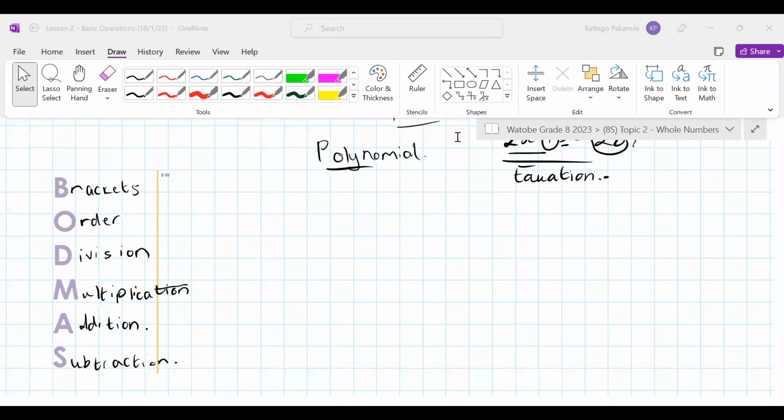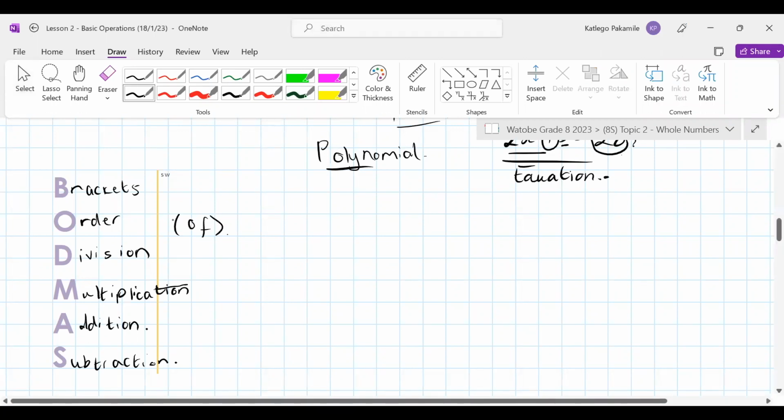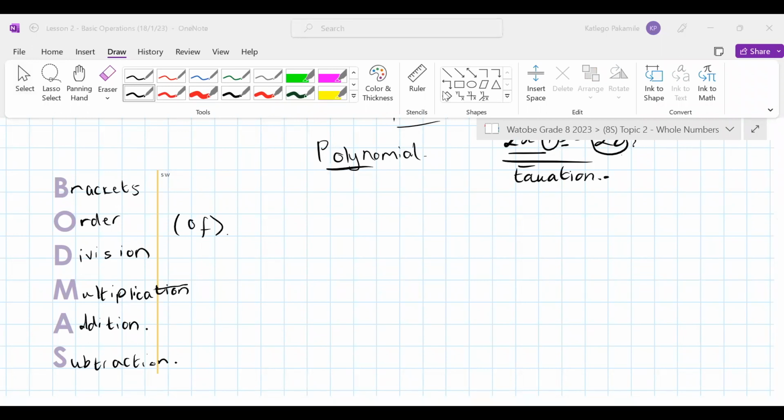Okay, Bulane? I see some people in the chat saying the O stands for of. See, that's what I meant. I know O is usually, you know, of. Okay, in the chat, guys, let's talk about the O. Those who say of, what does of mean? What are we talking about when we say of?